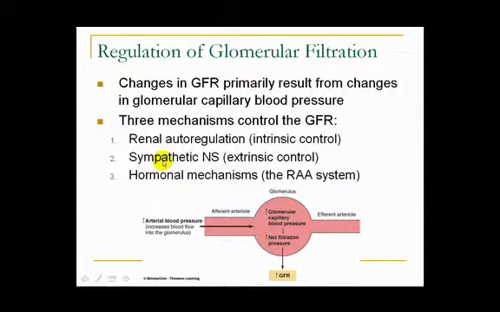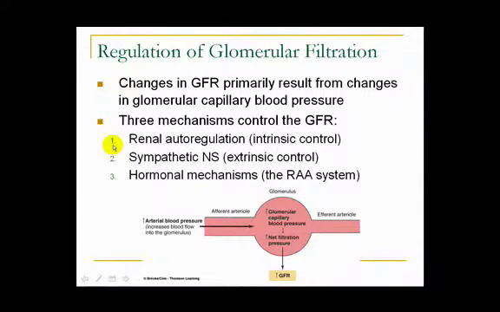So the kidneys have a local control that even though your systemic blood pressure goes up, it can keep its glomerular blood pressure at its normal levels. Because the last thing you want to do when you're exercising is to start producing more filtrate and start losing fluid and become dehydrated.